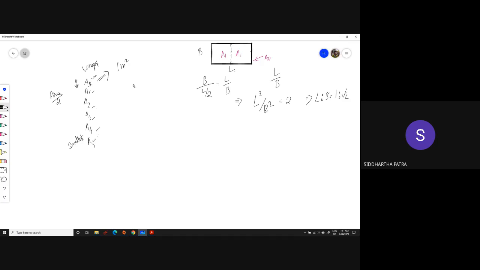Therefore, LB, as we have already discussed, is 1 meter squared. If I use this relation, yes sir, I think it would be root 2 is to 1. Yes, correct. So this is the ratio. So L squared by root 2 equals 1.